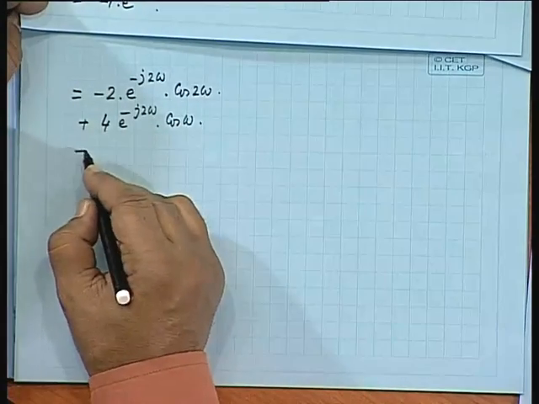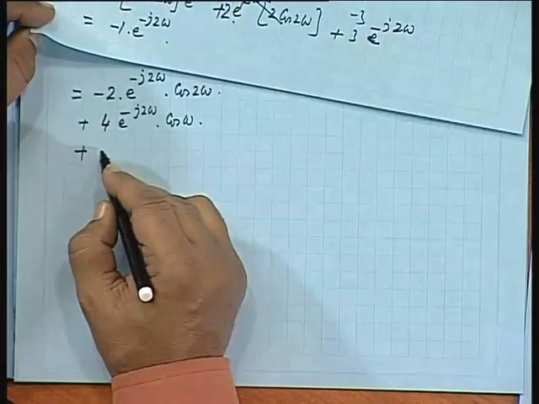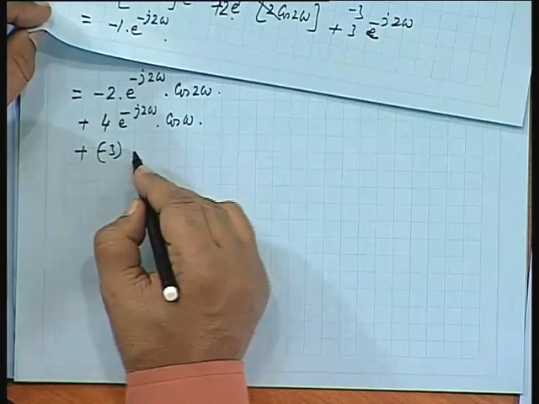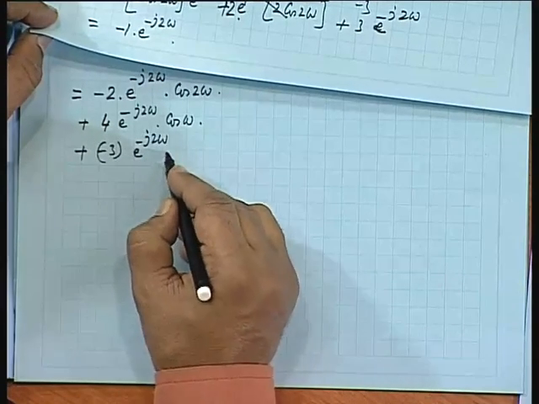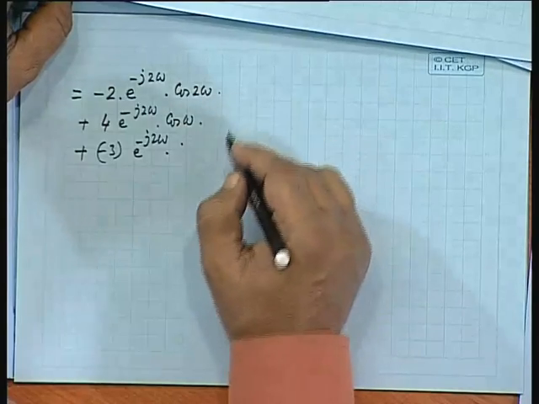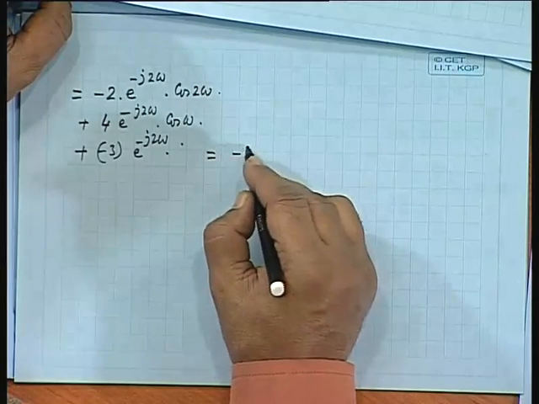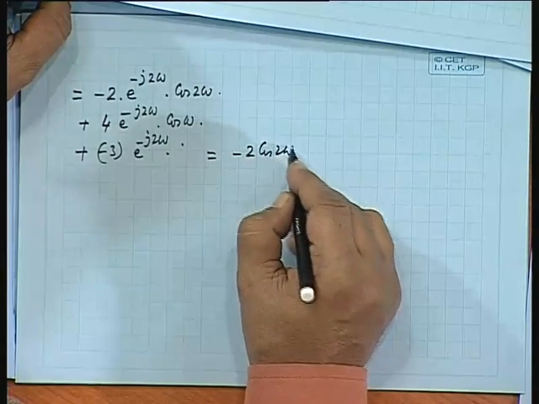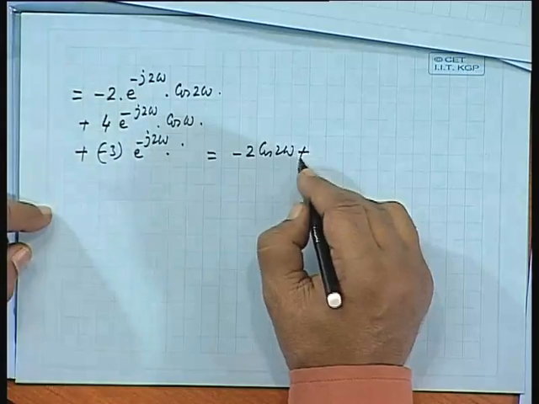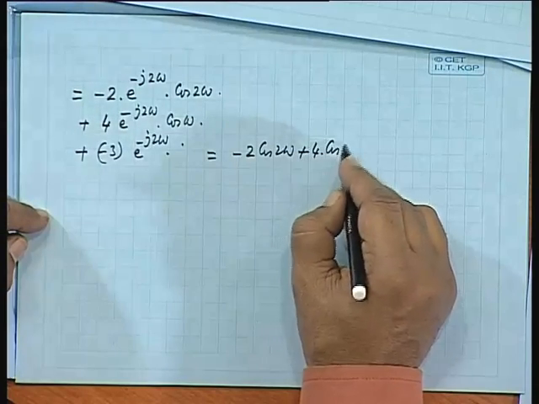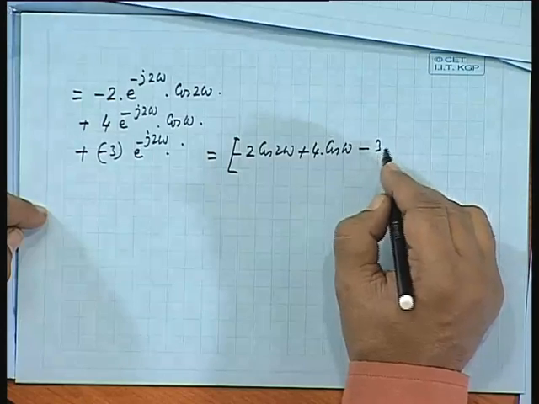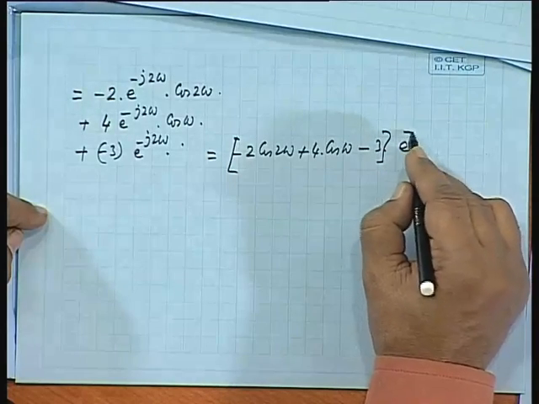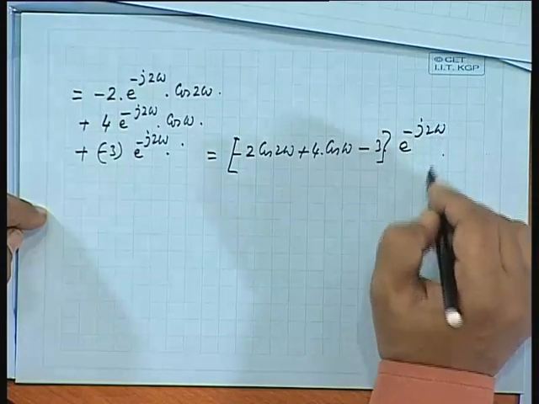And then the next one is minus 3 into e to the power minus j 2 omega. So, if I add them together, it will be minus 2 cosine 2 omega, which is a real quantity, plus 4 cosine omega, which is a real quantity, minus 3, multiplied by e to the power minus j 2 omega.